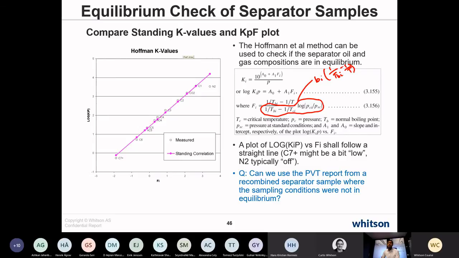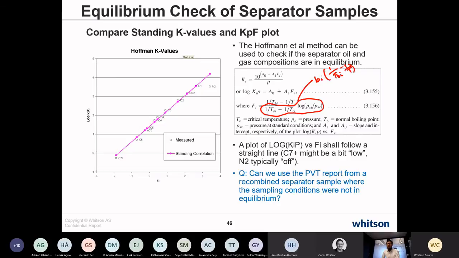So if you do the EOS model flash, you will always get the K values of the 2 thermodynamic phases that are always in equilibrium. So the EOS calculated K values at separator conditions will always be different than the K values we have measured from these samples, which are not in equilibrium.